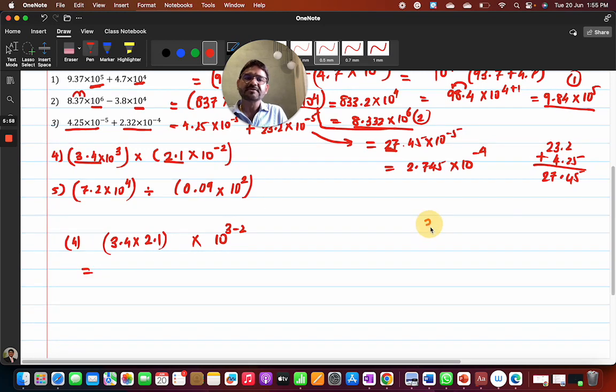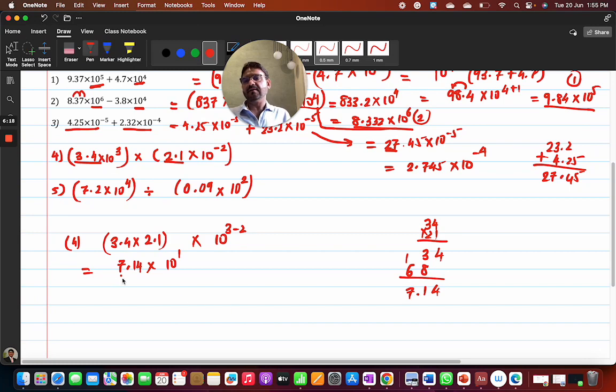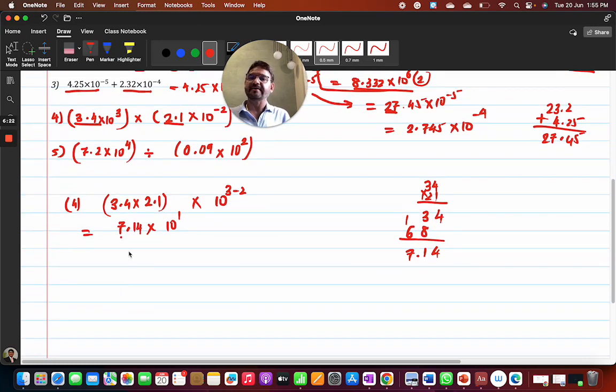Now you multiply this in rough working, into 21. 4 ones are 4, 3 ones are 4, twos are 8, 3 twos are 6, 4, 11, 7, 2 places. Okay, so 7.14. So 7.14 into 10 raised to 1. Now this number has to be between 1 and 9. Yeah, it is between 1 and 9. So this is a standard form directly.